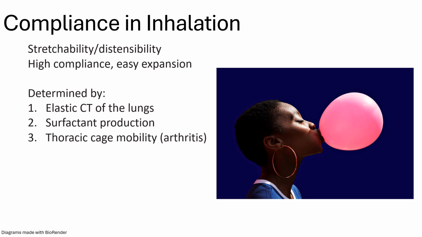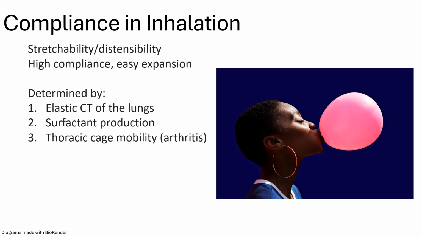So let's go over some of the things that influence compliance in inhalation and inhalation only, because the rules are different for exhalation. In inhalation, you want stretch, and you want that stretch to be easily achieved by your diaphragm and external intercostal muscles. In order to achieve high compliance in inhalation, the thoracic cage has to be able to move outward.